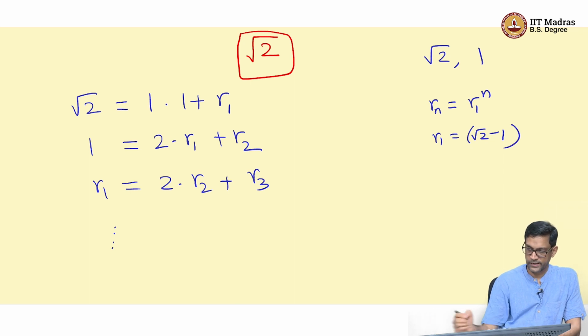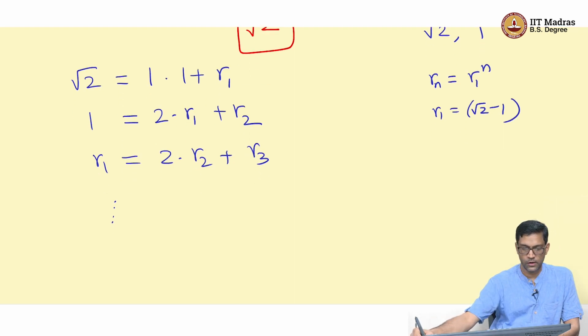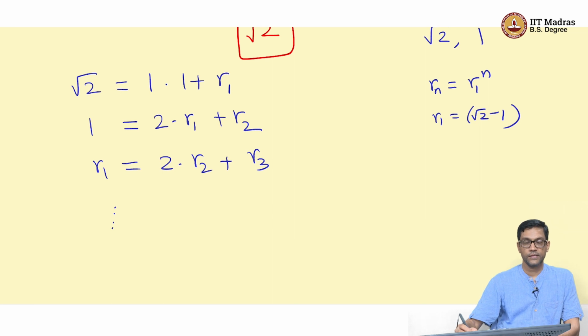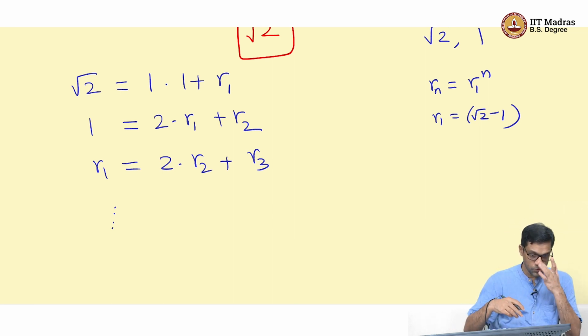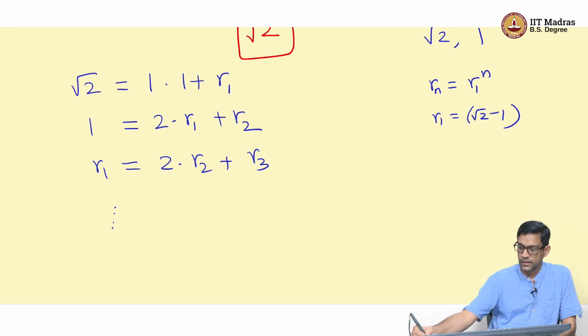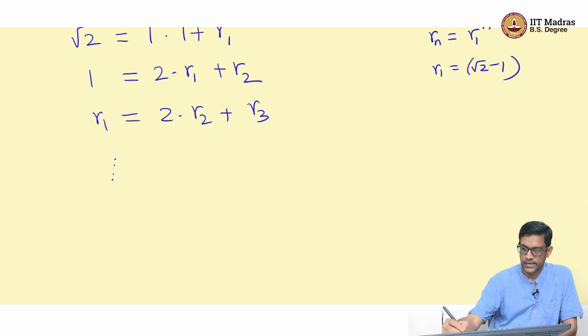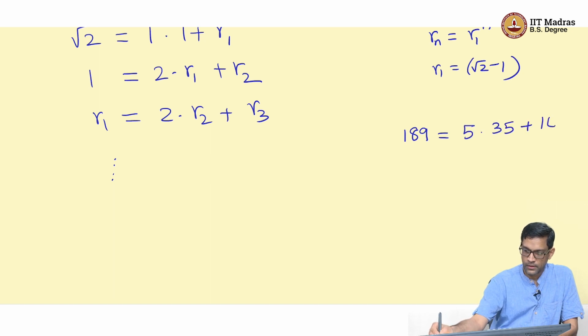So this was the Euclidean algorithm, but now recall that there was yet another thing that we were able to deduce from the Euclidean algorithm, and this was a kind of continued fraction expression. Let me remind you of how that worked in the case of 189 and 35. We wrote 189 as 5 times 35 plus 14, and so this equation we rewrote as a quotient.